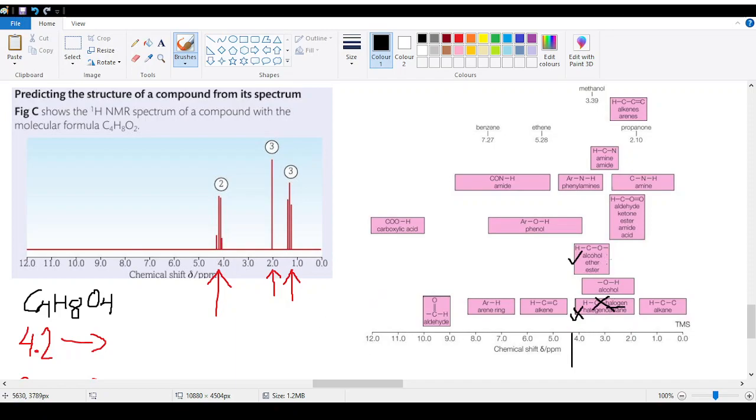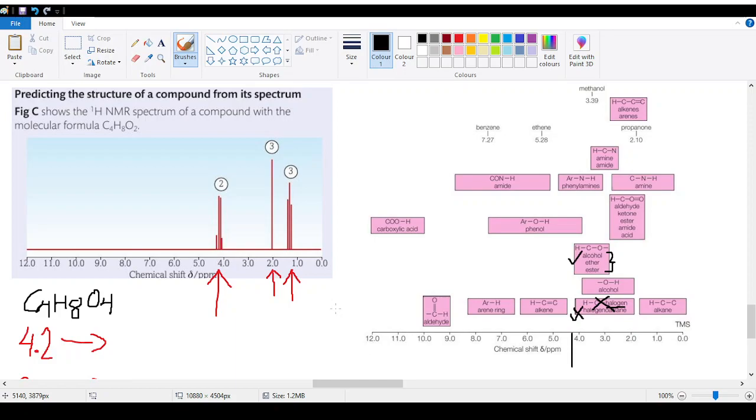Now, what functional groups are they talking about here? Alcohol, ether, or ester, right? Don't worry about what an ether is. We haven't discussed ether yet, but we have an idea about what alcohol or ester are, right?